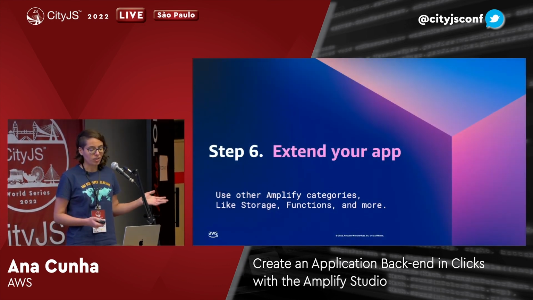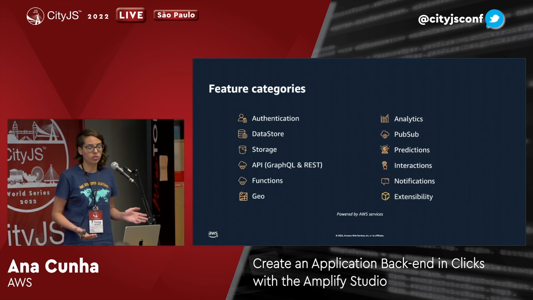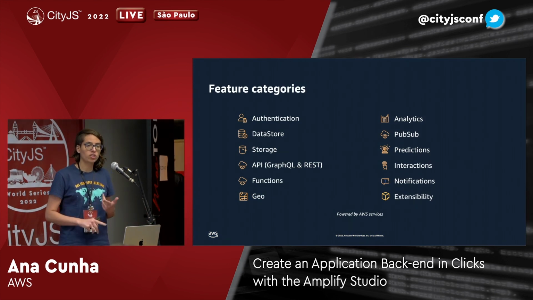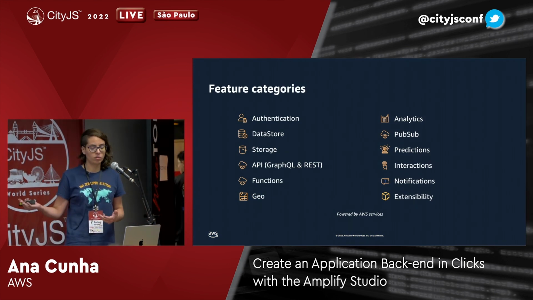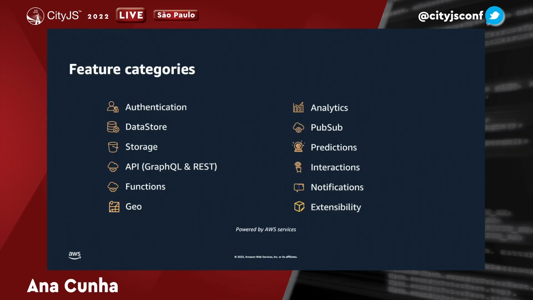From now onwards, there are many possibilities. In the menu, you could see that Amplify has several other features that we can add. We have file storage, and we have APIs, REST and GraphQL, and Lambda functions, serverless, geolocation, and many other things, notifications, predictions.